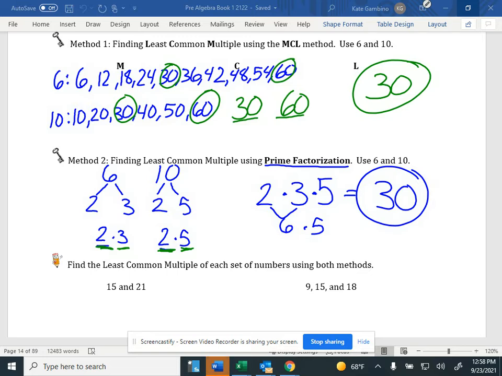Just like when we did greatest common factor, it doesn't matter which method you use as long as you use it correctly. A lot of times when people do that prime factorization, they forget that you only write the 2 one time, and they write 2 times 2 times 3 times 5. If they share a prime, you write it once.